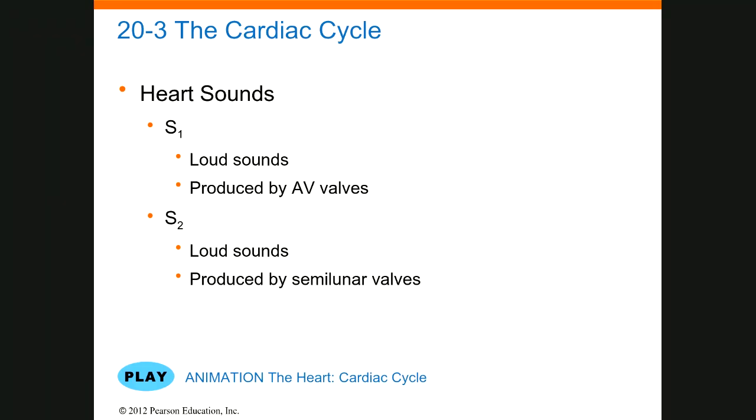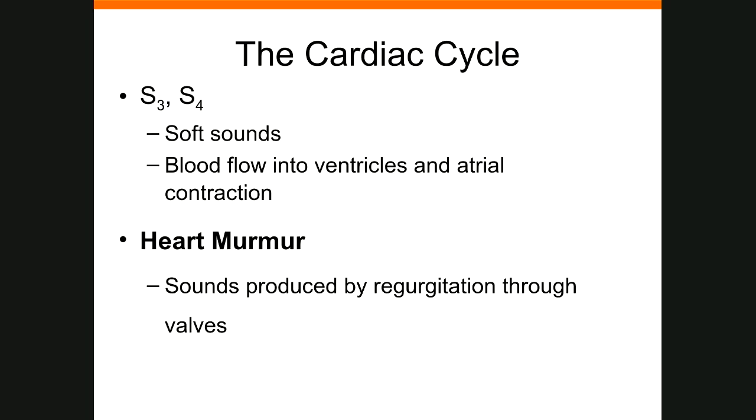We have the S1 sound, a loud sound produced by the atrioventricular valves, and we have an S2 sound that is also a loud sound, produced by the semilunar valves. So S1 and S2 correspond to the valve sounds, and we also have other sounds, S3 and S4. They are very soft, and correspond to the blood flow into the ventricle and the atrial contractions.